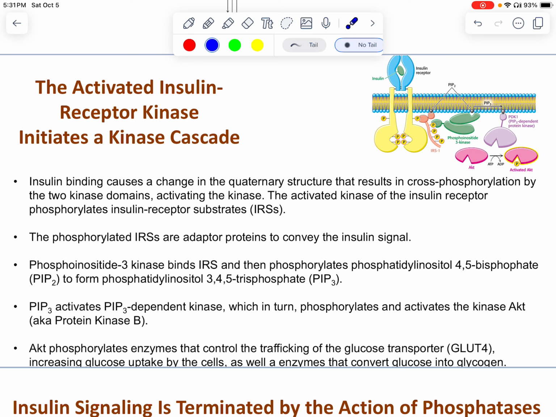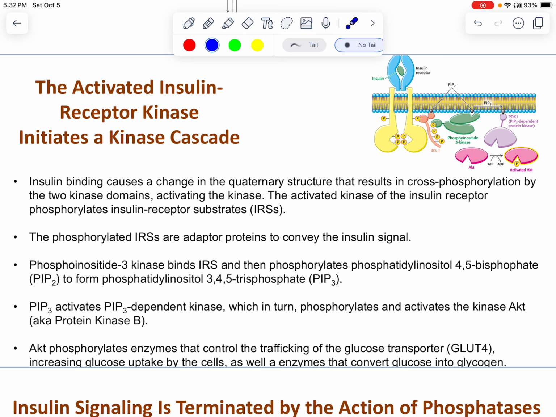And now the PIP3 can bind to this next protein. Okay. And then at the end, this AKT can phosphorylate enzymes that control the trafficking of glucose transporters, which can increase glucose uptake by the cells, as well as controlling enzymes that convert glucose into glycogen.